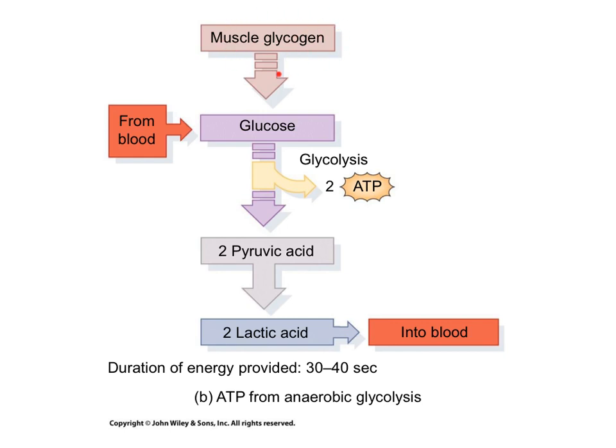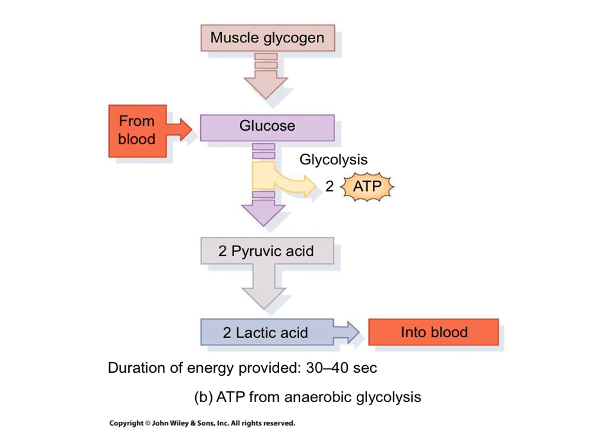We can break down glycogen into glucose, and then catabolize that to eventually produce ATP. This is used during periods of heavy activity where there's not enough oxygen for pyruvic acid to enter into the mitochondria. In this case, since there's not enough oxygen, pyruvic acid is going to release lactic acid.